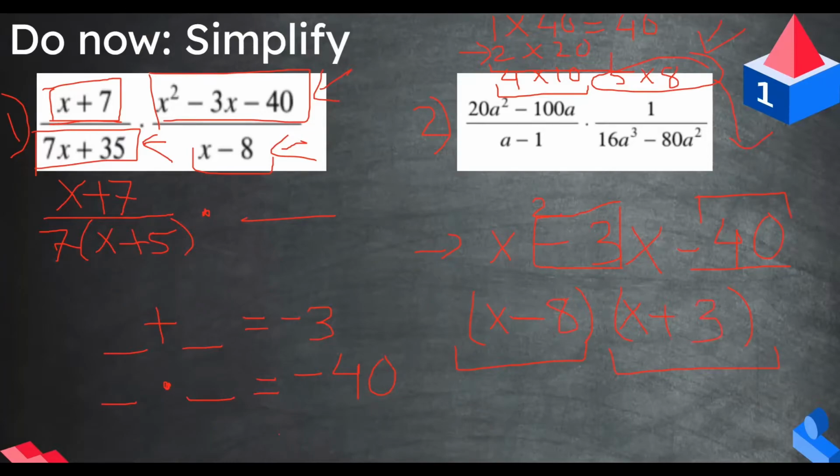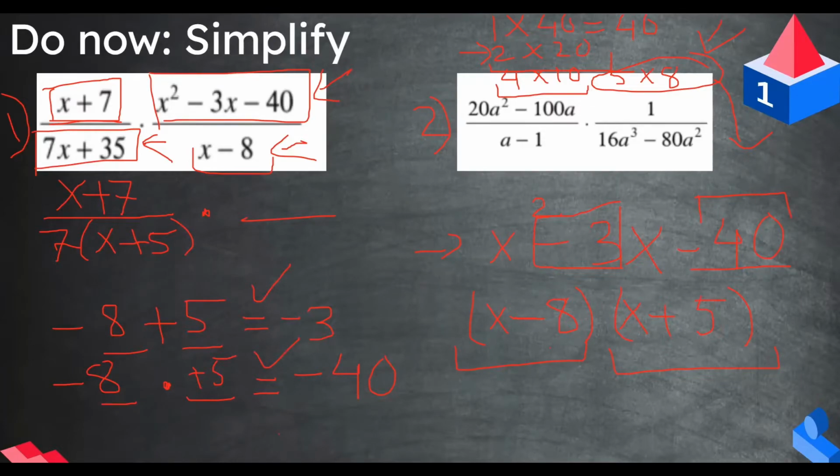Does that make sense? -8 plus 5, does that give you -3? Yeah. Check. Does -8 times +5 give you -40? Yeah. Second check. So those are actually my two numbers.